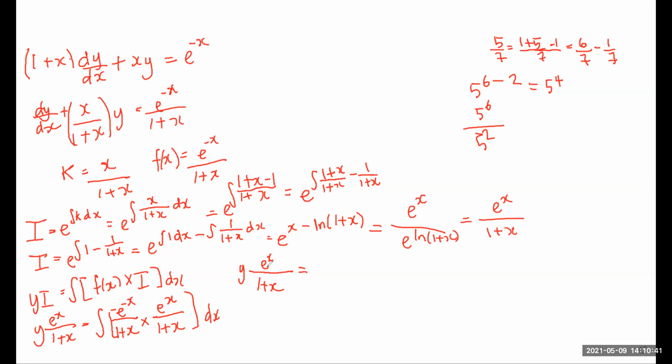E to the minus x plus x, so it would be e to the 0, but that's 1. So that becomes 1 over, what did he say, sir? I wasn't hearing you. No, continue, continue.